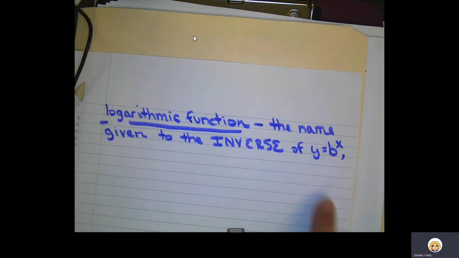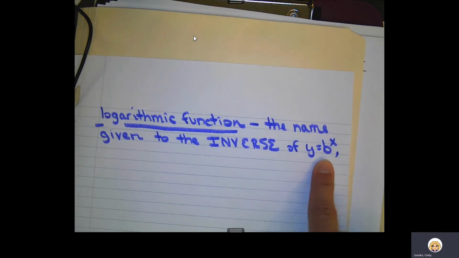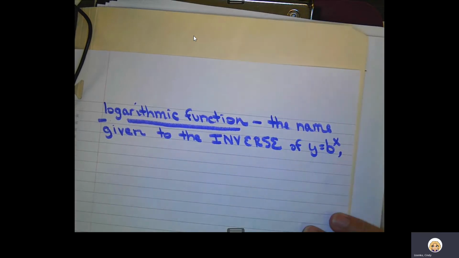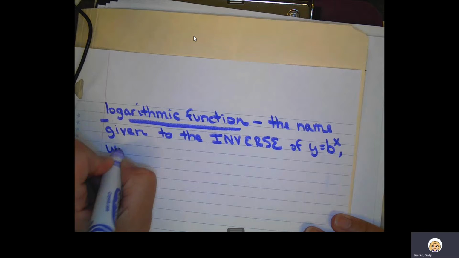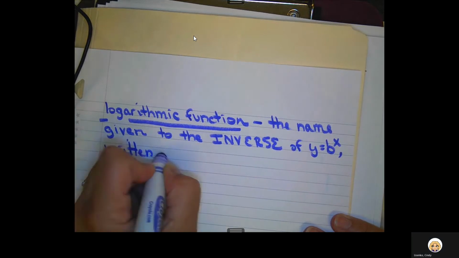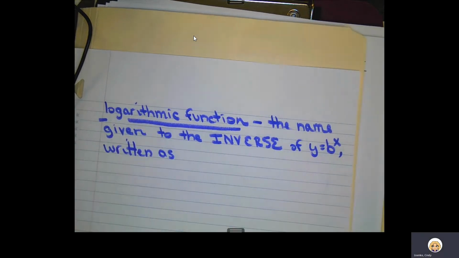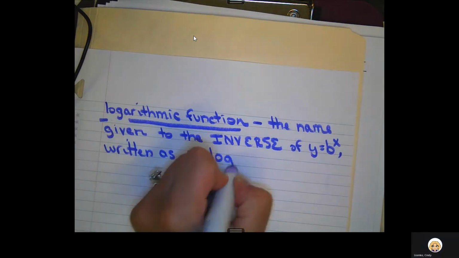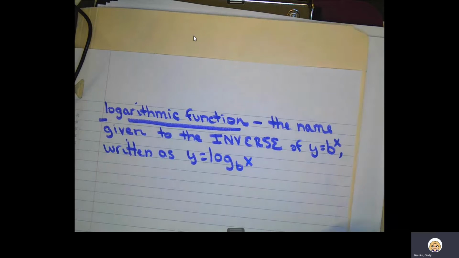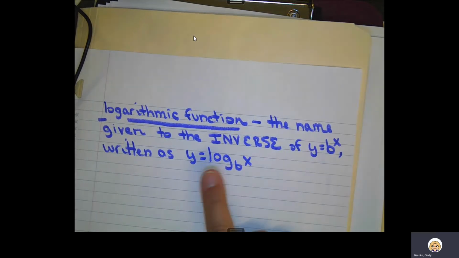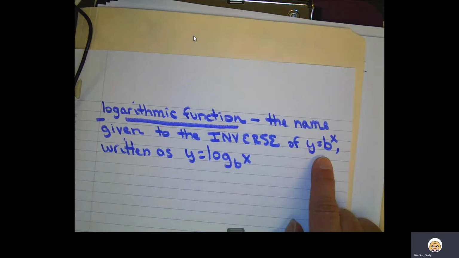So if we have an equation that is an exponential function and we want the inverse of it, we can write it like this. Written as y equals log base b of x. That is a logarithmic function. This means this is the inverse of that.